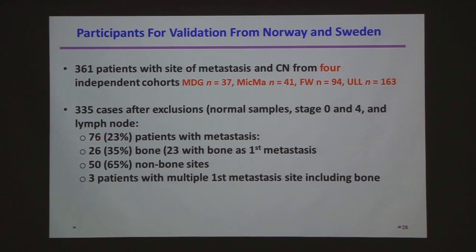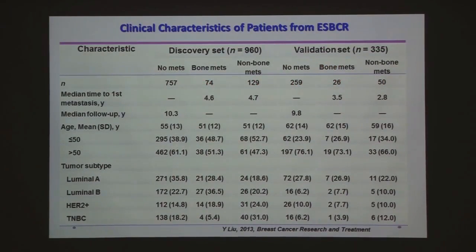There were about 76 in total that had any metastasis. 26 of them were bone as a first metastasis site. 50 had non-bone metastasis, and there were 3 patients that had multiple first sites of metastasis. So they could have had a brain metastasis, a bone, or any one of the other sites that we included, or liver.